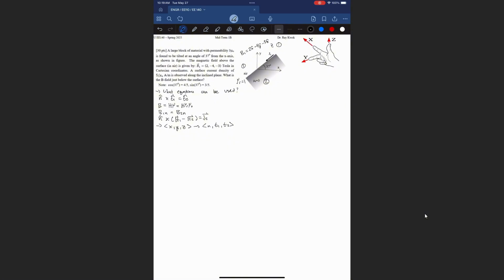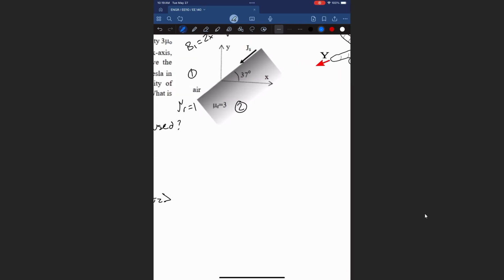For example, when n hat is found, both B1n and B2n can be found using the equation B1n equals B2n. However, one thing to note is that when changing coordinates, they must obey the right-hand rule, just like the Cartesian coordinates. That is why n hat crossed with t1 hat equals t2 hat. With this understood, it is possible to find n hat.